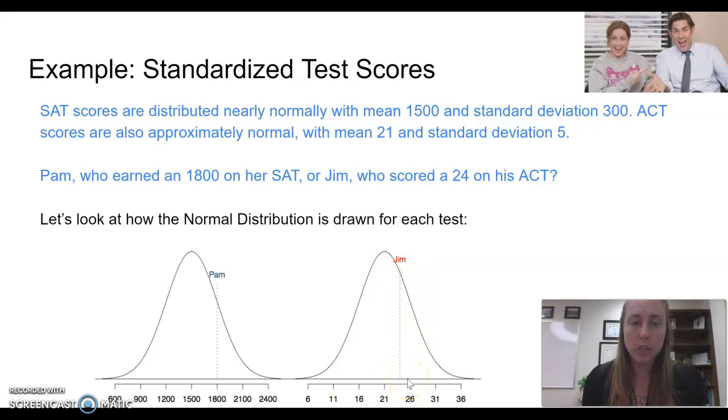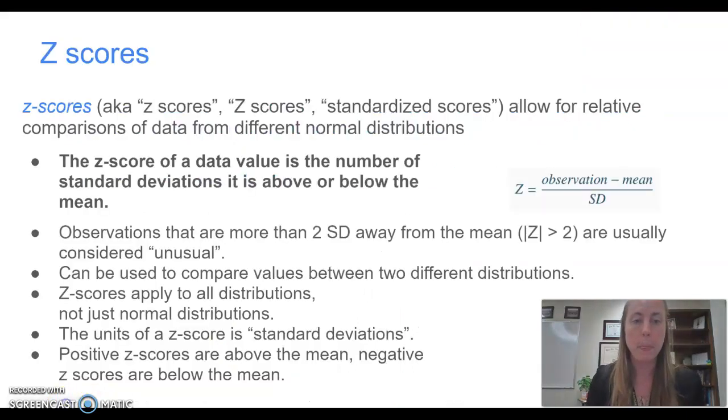So to answer the question of who did better, we're comparing Pam to all of the other people who have taken the SAT, and we're comparing Jim to all of the other people who have taken the ACT, and better means did better than more people that took the same test in this context. So visually, Pam looks further to the right on her distribution than Jim does, meaning that Pam did better than more people on her test than Jim did. Therefore, one could argue that Pam did better overall.